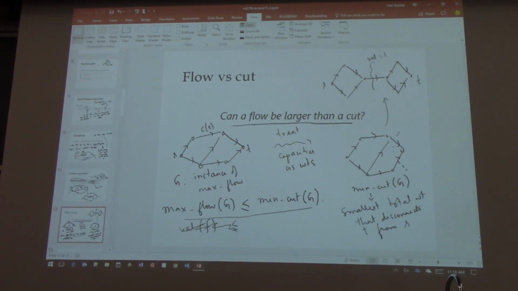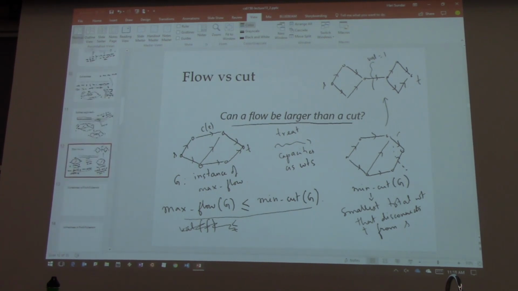Yeah. Would it be less than or equal to, would it be any time the max flow would be less than the min cut? That's what we are going to show, but so far what I have proved with this reasoning is that no flow can be larger than the minimum cut, right?